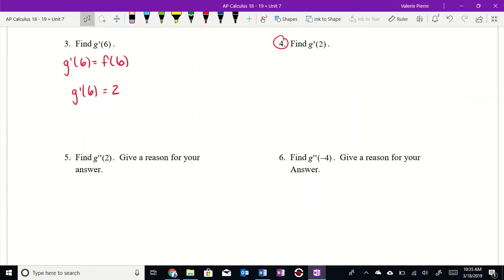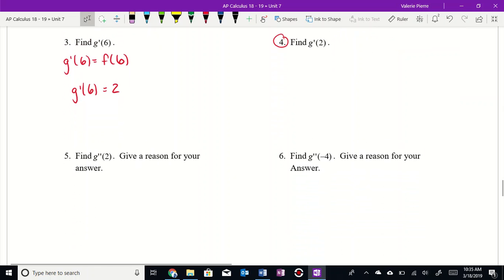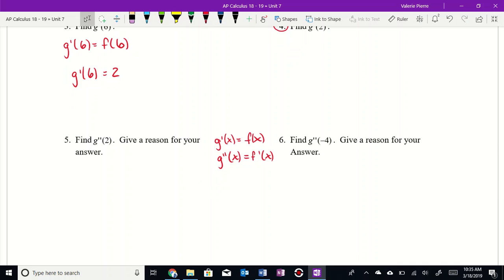Now we're going to look for the second derivative. So we know that g prime of x is equal to f of x. So g double prime of x will be equal to f prime of x. So g double prime of 2 equals f prime of 2.